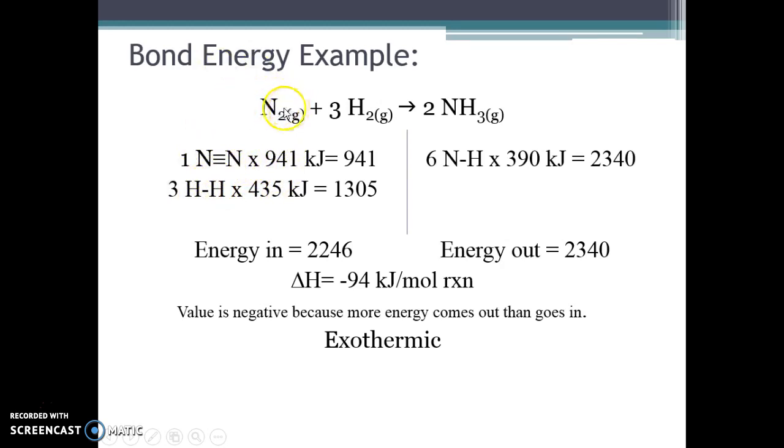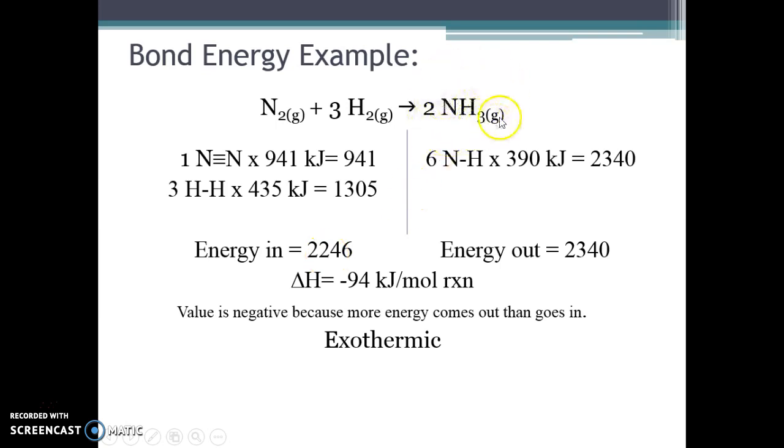So nitrogen's held together with a triple bond. We have only one of them. That bond is worth 494 kilojoules, so we have to input 494 kilojoules to break all the nitrogen apart. Hydrogen, you've got 3 hydrogen-hydrogen single bonds, each of them 435, so that's going to be a total of 1305. And then, so the energy going in is 2246.